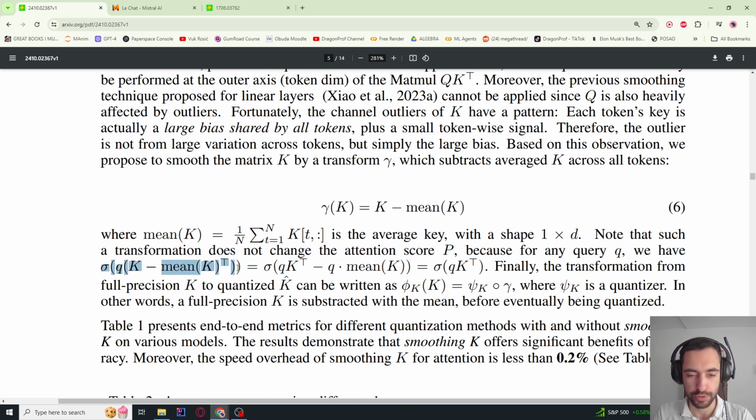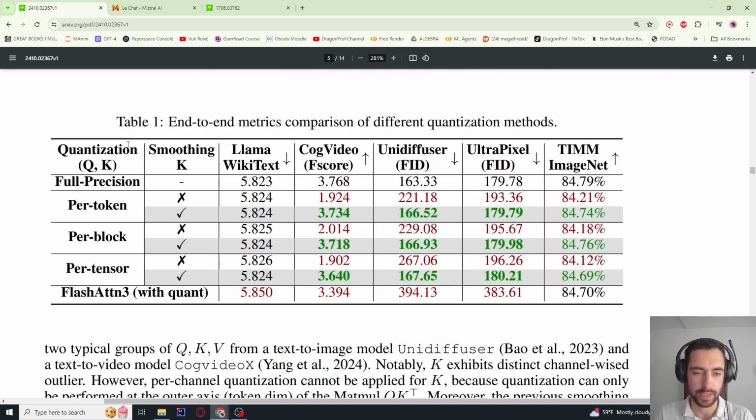So if you subtract this constant, the mean, then the softmax probabilities will remain the same. In other words, a full precision K is subtracted with the mean before eventually being quantized. In this table, they show the difference between smoothing K and not smoothing K for all of these different quantization methods.